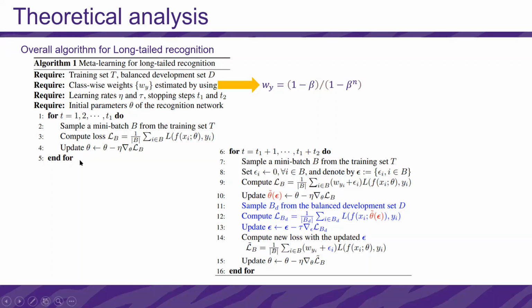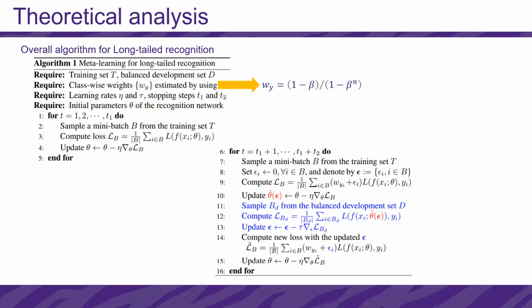I think these five lines are just the pre-training for the model parameter theta. And then in the second stage, they train to get the epsilon and combine it with the class-wise weight to get the best model.